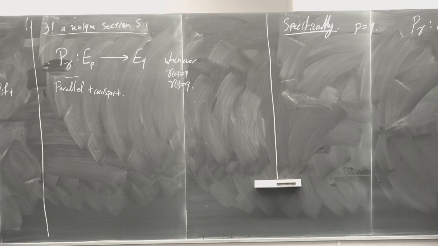This is when we have gamma 0 equals gamma 1 equals P. So this gives a map from EP to itself.